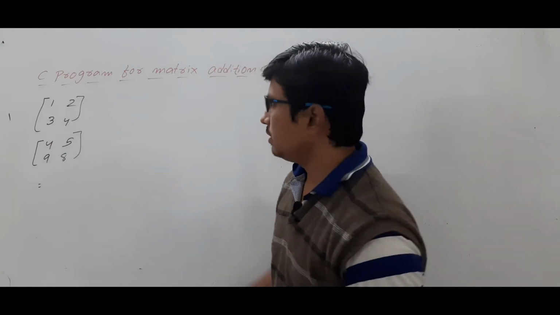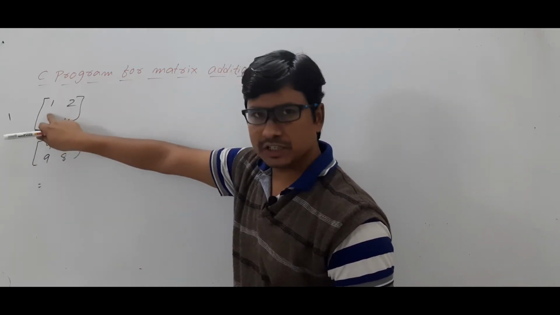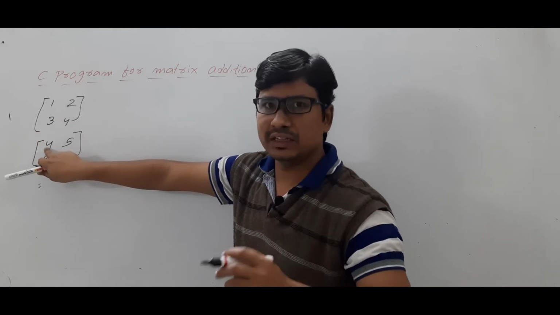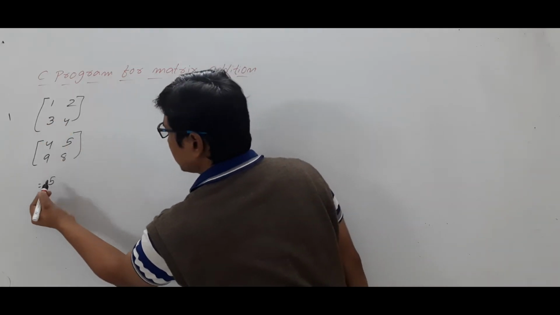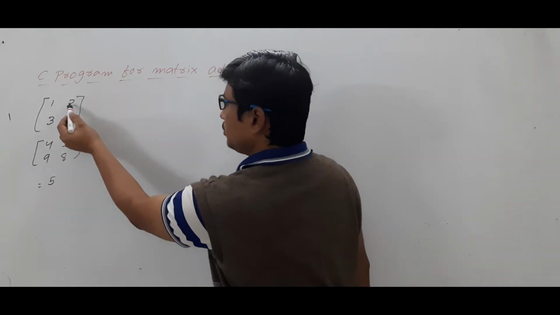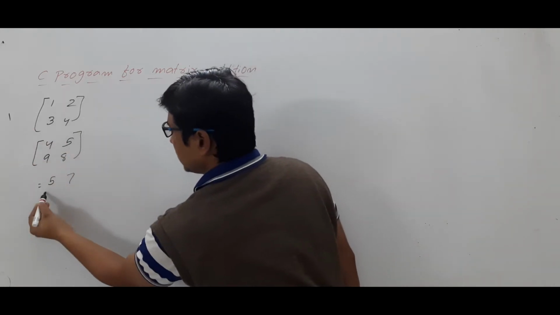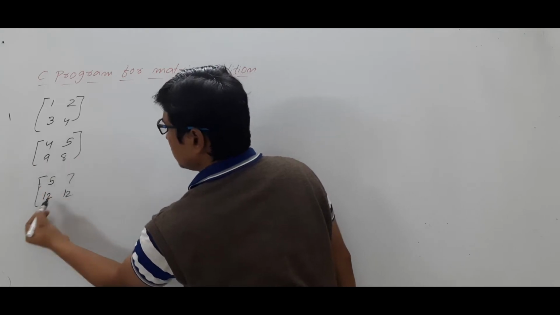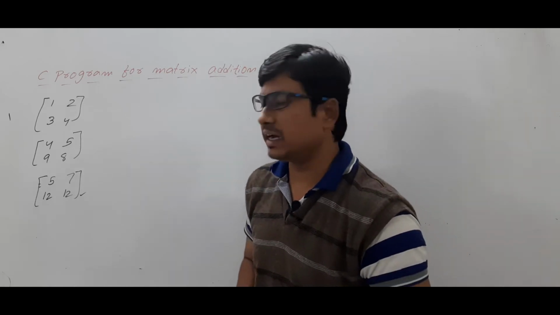Is it clear? The first row, first column element in the first matrix and the first row, first column value in the second matrix, you should add. So 1 plus 4 is 5, 2 plus 5 is 7, 3 plus 9 is 12, and 4 plus 8 is 12. This is the result of adding matrix A and matrix B.